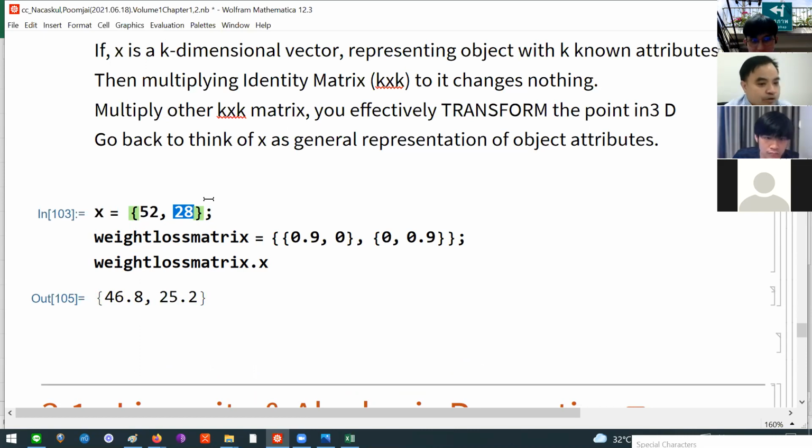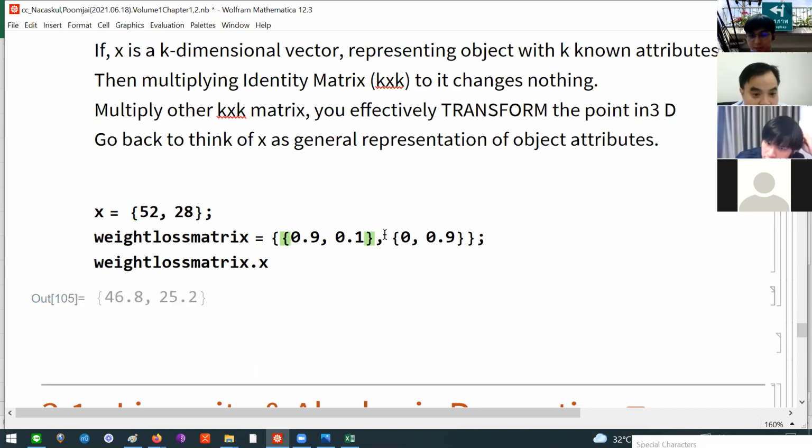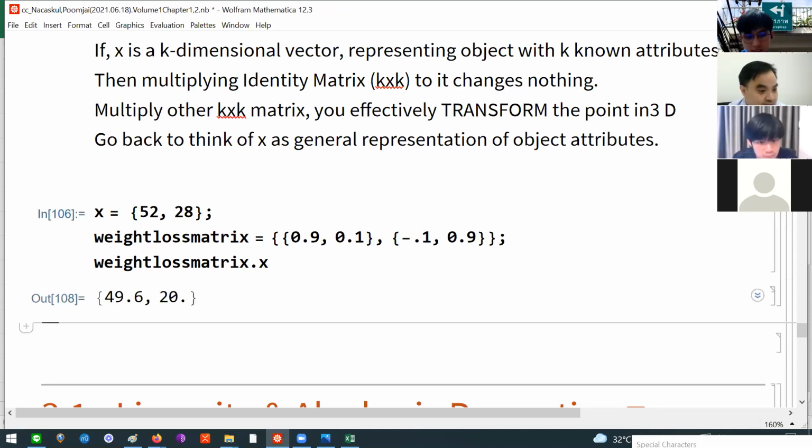This is very proportional, right? In real life, you might get something more complicated. Well, this is a little bit too drastic.